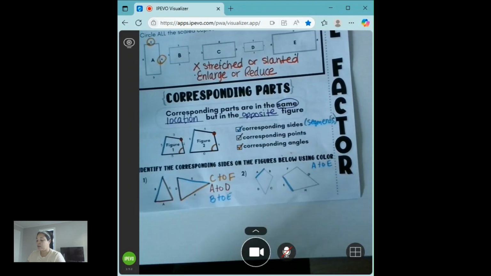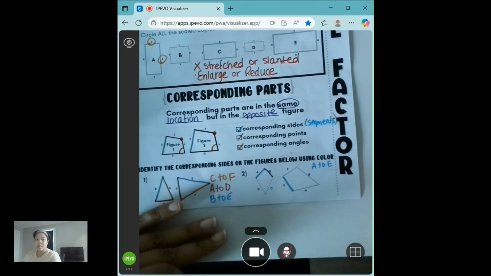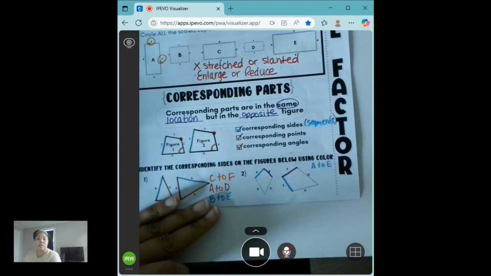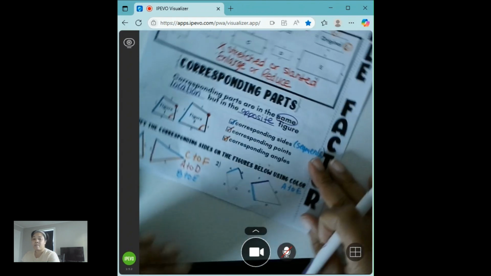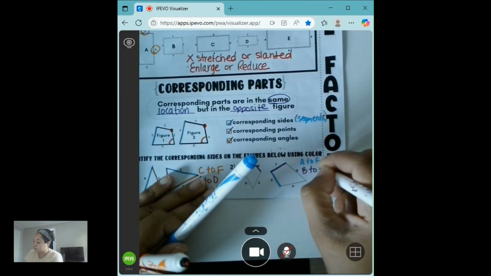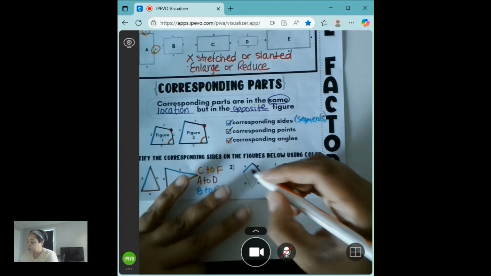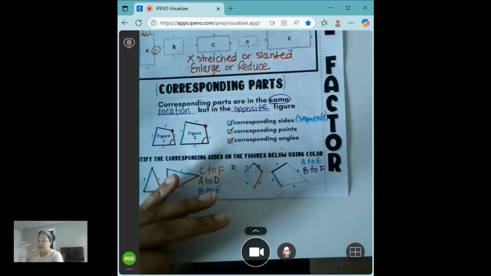Okay? Well, segment B, which is on the top right side, must correspond with F, because it's also on the top right side. Again, as if I rotate it. So this is B to F. Okay. Segment C is down here, bottom right side.